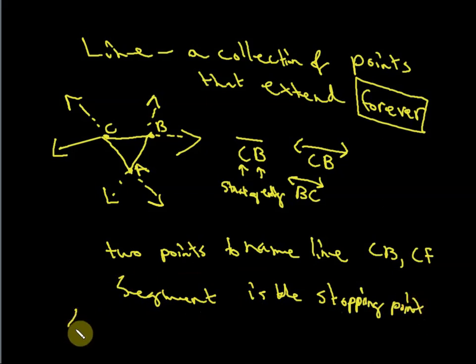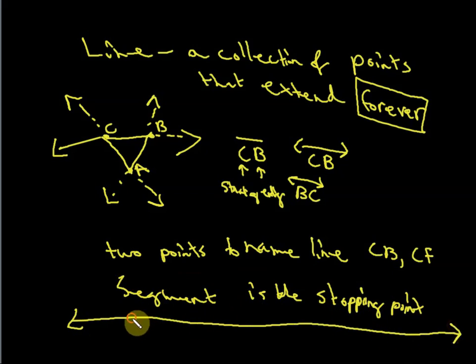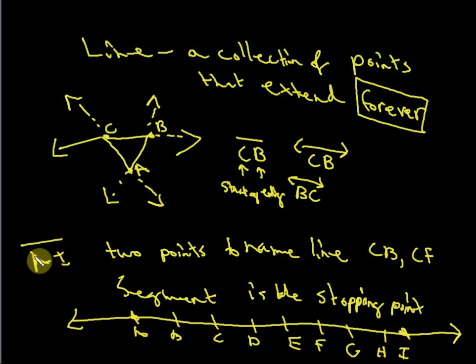So in this line, A, B, C, D, E, F, G, H, I, you have segment AI, and you can also have segment AB. Now, what's the line? The line, if we so choose, will be line AI, and then we denote that by this.